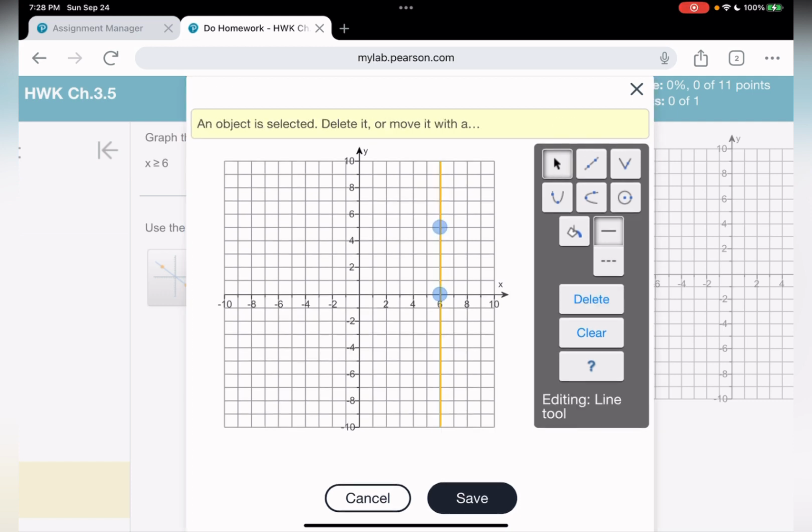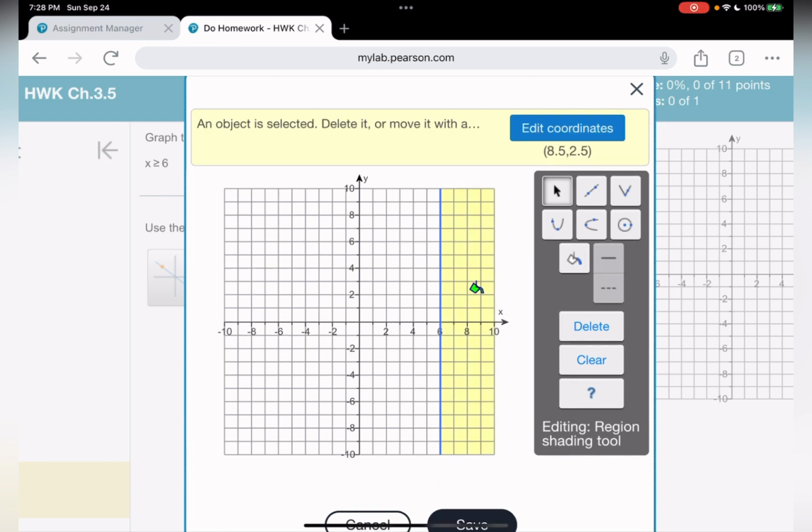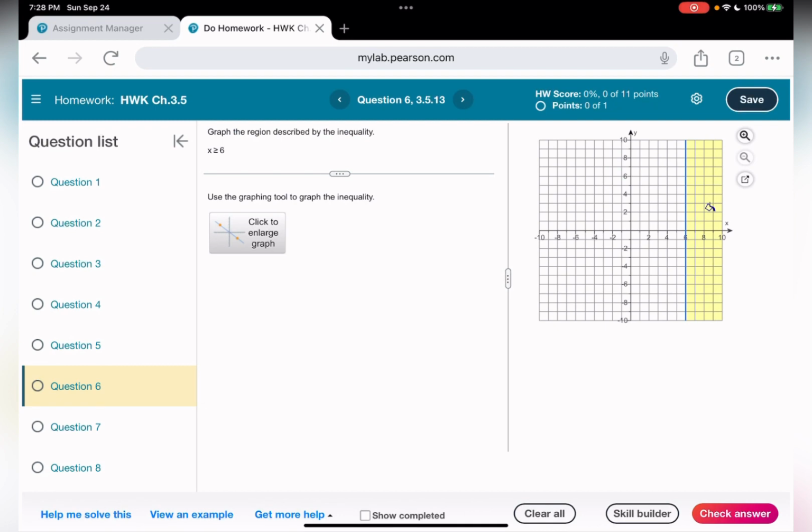Now we need to check right or left. This time we don't need to plug any numbers because it says x is greater than 6. So everything that is greater than 6, and obviously greater than 6 is going to be this side, right? Okay. So that was the easy one.